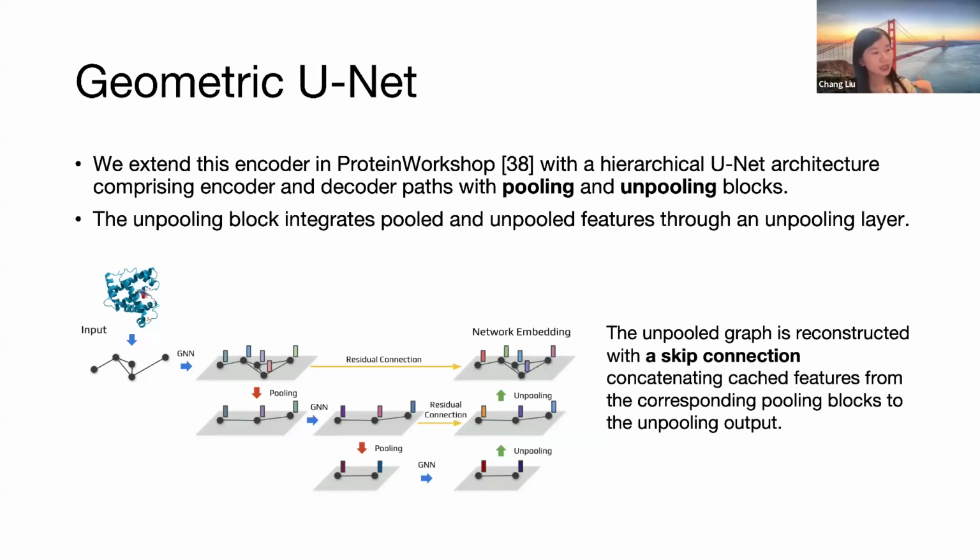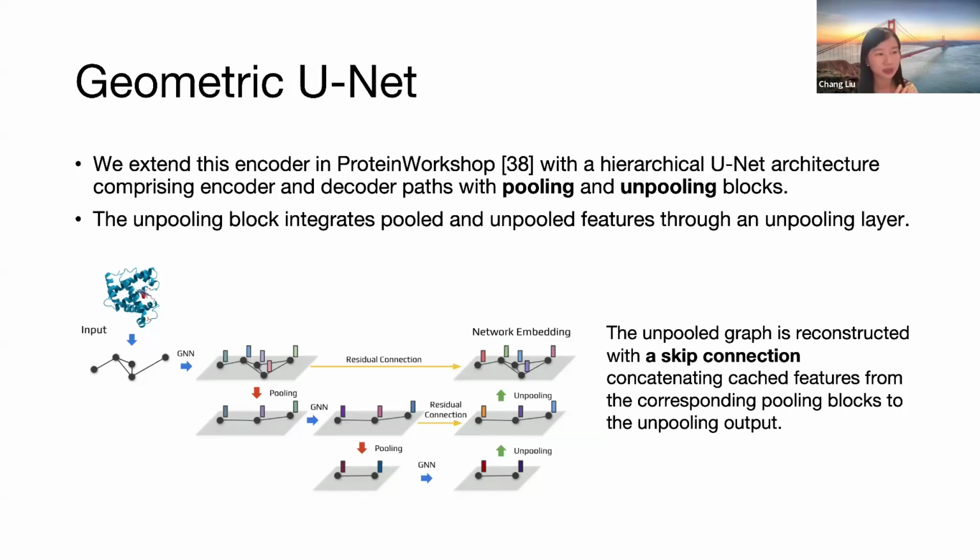And we integrate the previous features from the pooled blocks to the unpooling blocks. This integrates the features from different layers or different scales of perceptive fields of the protein structure. So that is like the key design of our model.